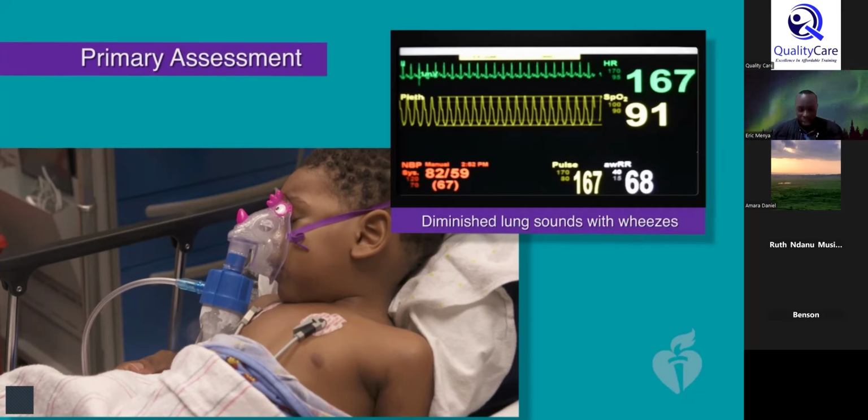What's the expected range for this child? This is a toddler, or at max 3 years old, maybe.